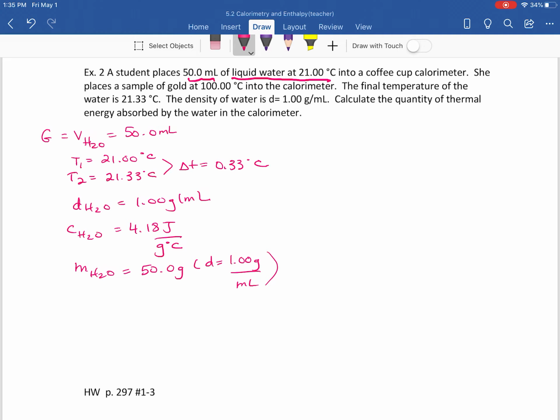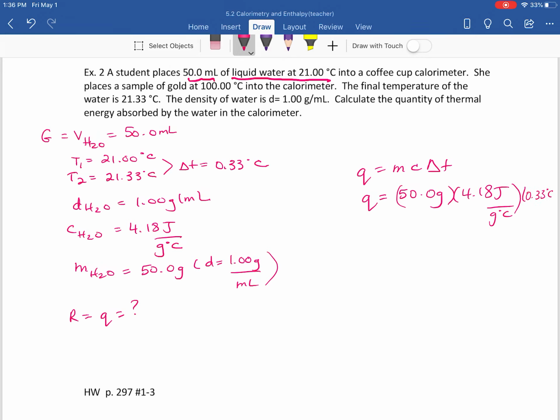Okay, so once we figure that out, what are we looking for? We are looking for Q, right? So Q equals MC delta T, and Q equals 50 grams times 4.18 joules per gram degree Celsius times 0.33 degrees Celsius.